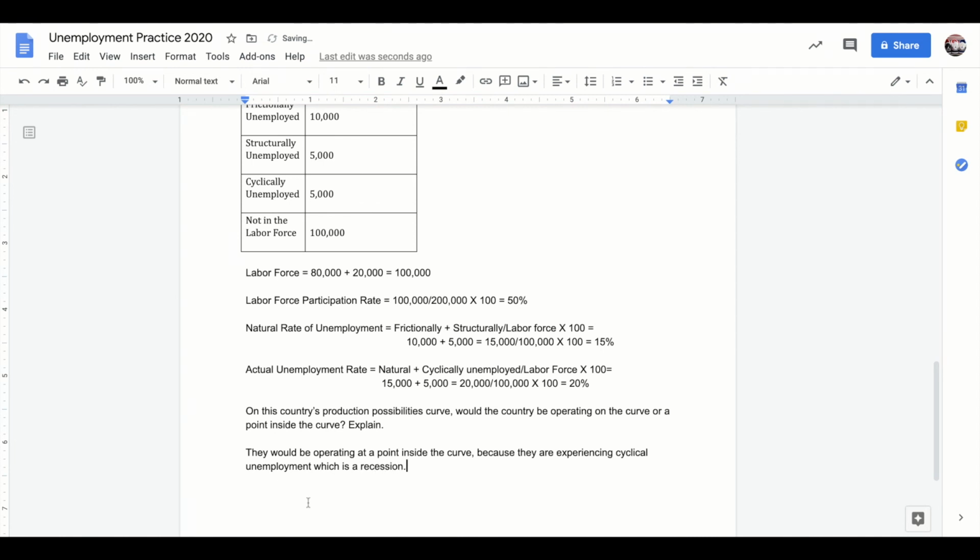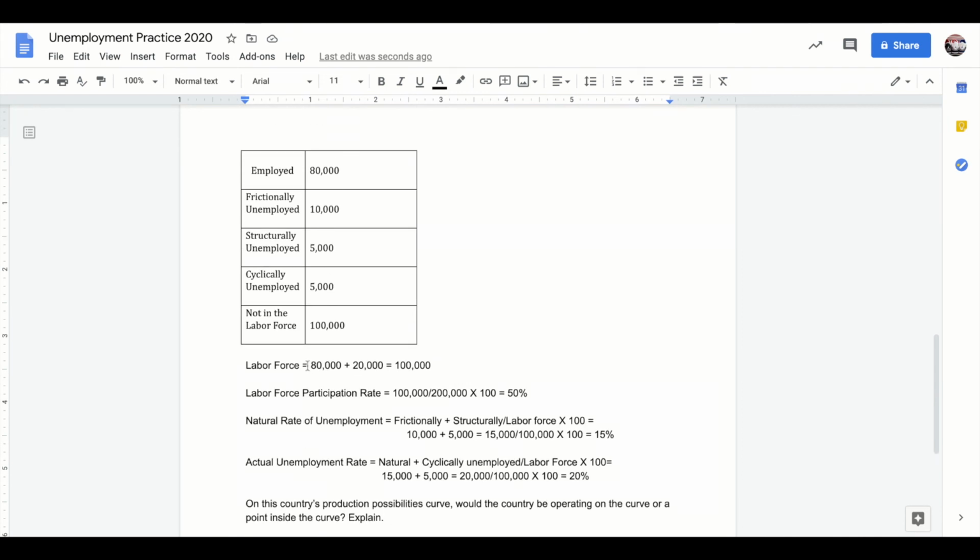So they're in a recession, not because they have unemployed people, but specifically because they have cyclically unemployed people. If this was zero, then they would not be in a recession. They would be operating on the curve, even with this 15% natural rate of unemployment.